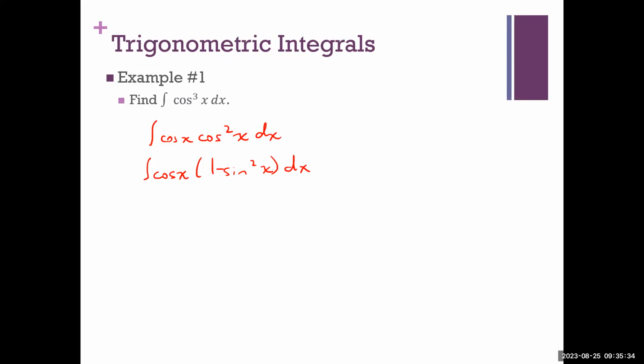Do we see anything here that's like a derivative of something else? Go ahead. You could possibly take the derivative of one minus sine squared x. Okay, so let's try that. U is equal to one minus sine squared x. If we do that, then what is du? I think it'd be chain rule: negative 2 times the sine of x times the cosine of x.